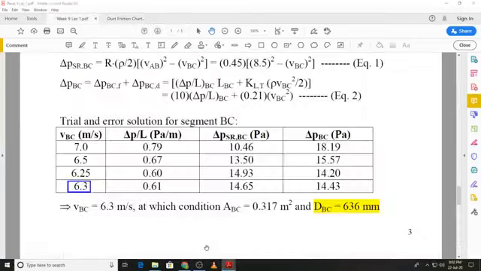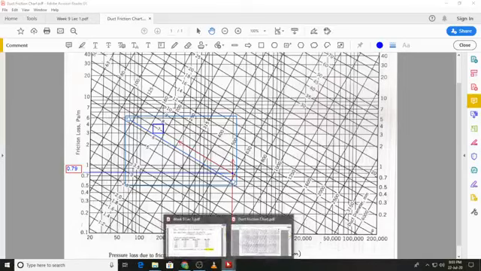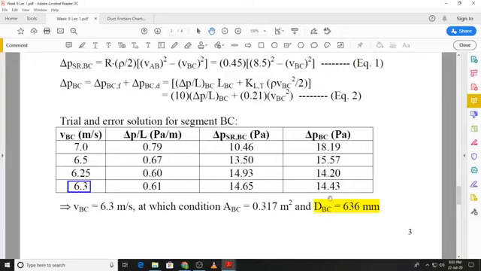Let me see what we had over here. Yes, we had 0.6, and then after fine-tuning you just shift this line slightly upwards, and you will get a value of around 0.61. So that is how we found out the dimensions of the segment BC, and the same will be done for the remaining segment, that is CD.